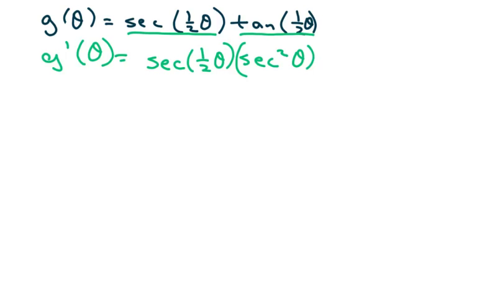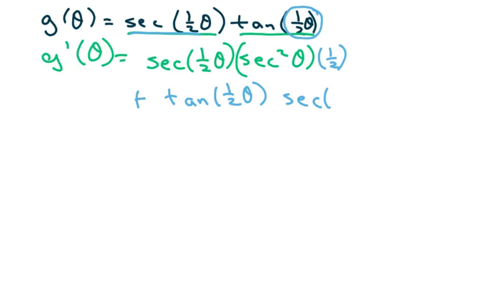And then you have to multiply it, using the chain rule, by 1/2, because the derivative of 1/2 of theta is 1/2. Then you're going to add your tan of 1/2 theta times the derivative of secant. And the derivative of secant is secant of 1/2 theta times tan of 1/2 theta.